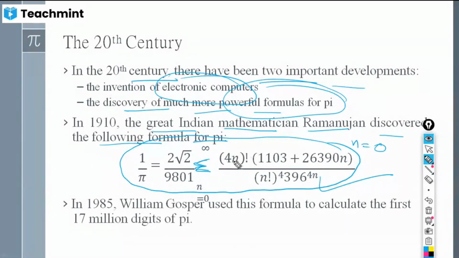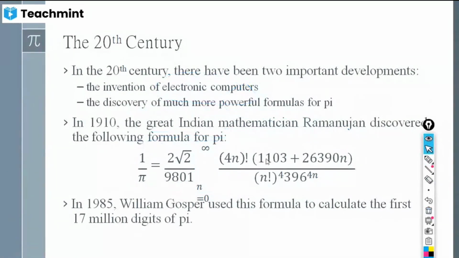Just imagine if I take n equal to 100, 1000, 1 lakh. How many accurate decimal places can I get by using Ramanujan's formula to calculate the value of pi? Okay, so this was about Srinivasa Ramanujan's formula to find out the value of pi.